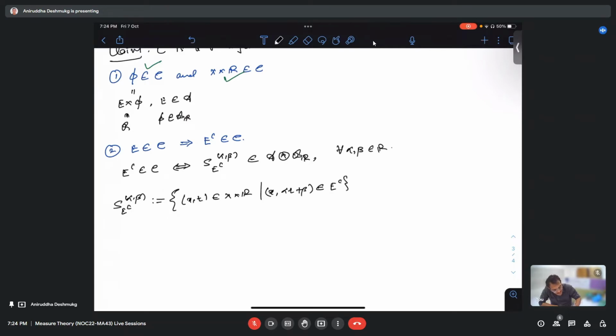Or what is the same, I can write it as x comma t in X cross R such that x comma alpha t plus beta is not in E, right? But what is this set equal to then?